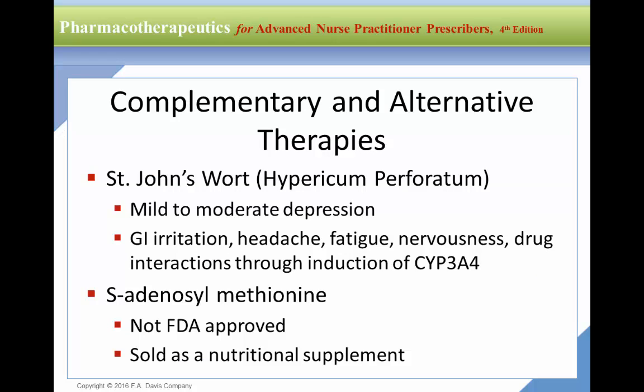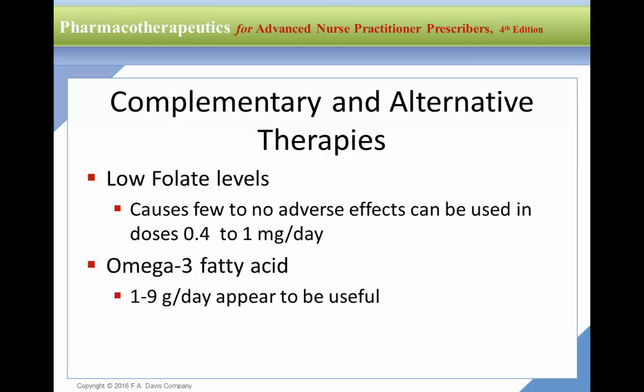In addition, you could use complementary therapy, but remember, even though St. John's wort could be used as an adjuvant treatment, you have to watch for signs and symptoms of serotonin syndrome. Now, there's a theory also that depression is associated with low folate levels, so you could supply the patient with it as well as omega-3.